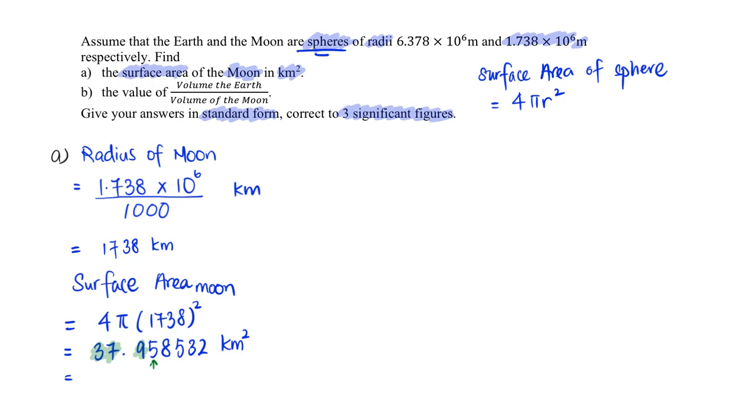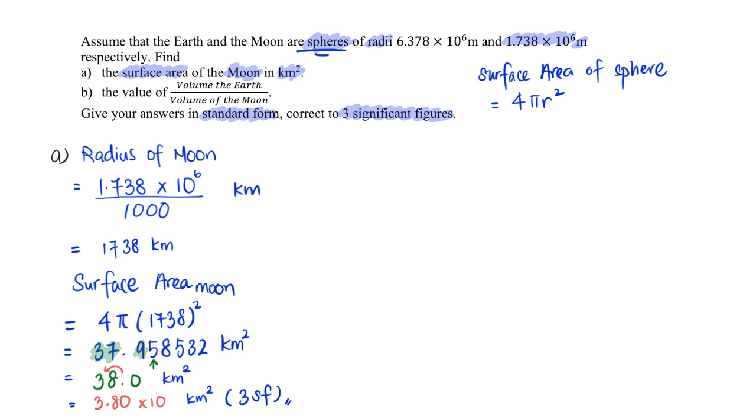So I'm going to have 38.0 million kilometer square, and therefore final answer, to leave it in 3 sig fig, it will be 3.80 times 10 to the power of 7 kilometer square, in standard form to 3 s.f. That is for part A.